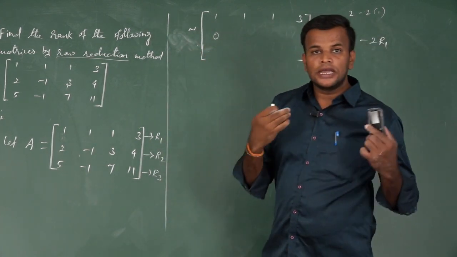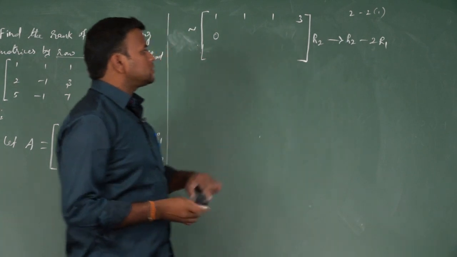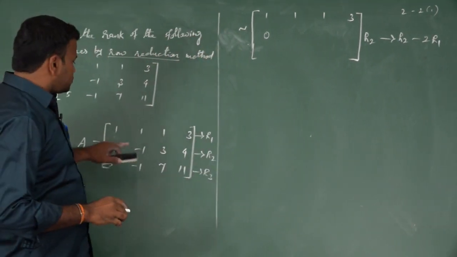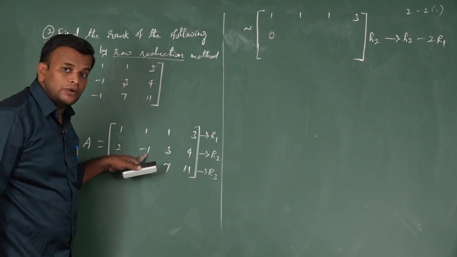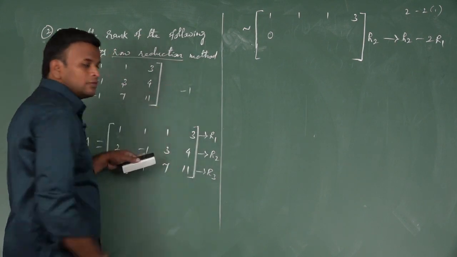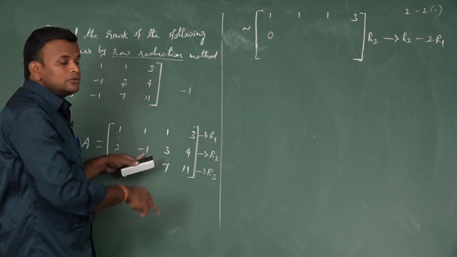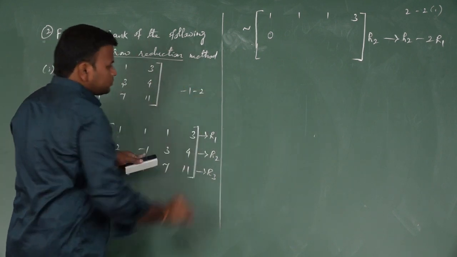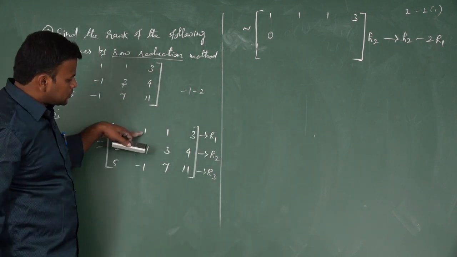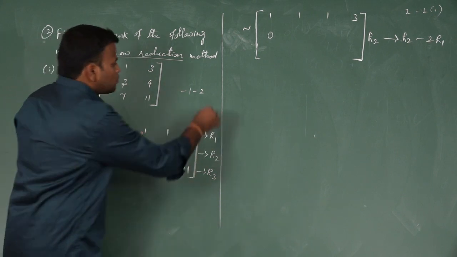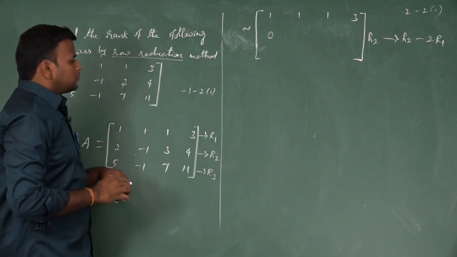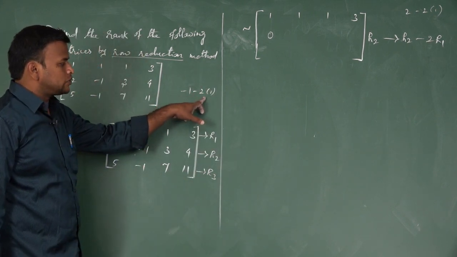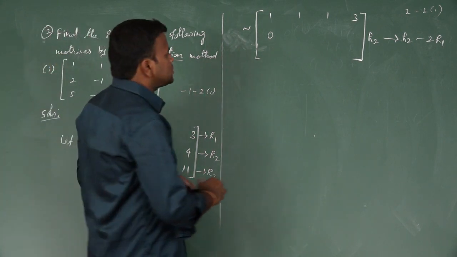We do the same work on the remaining elements also. Now you see that element is minus 1. How to write R2? R2 minus 2R1, minus 2 times the corresponding element of R1, which is 1. Minus 1 minus 2 is minus 3.